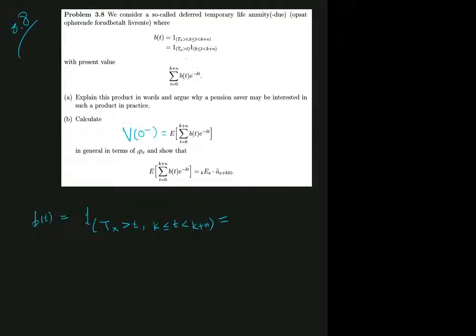And then the next part here, where they split the indicator of the intersection of two events into a product of indicators, well, that is if I have two events, where I have their intersection, then this is equal to the indicator of one event multiplied by the indicator of the other event, because this one over here is 1 if and only if I have an element in A and an element in B. And over here, this is 1 if and only if I have an element in A and an element in B. So this is why these two indicators are equal.